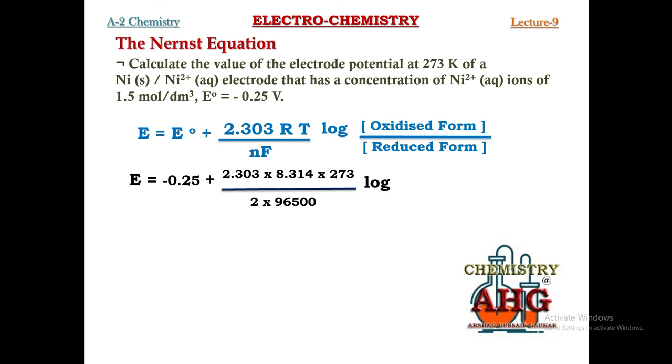Log of the oxidized form of nickel, Ni2+, its concentration is 1.5, and the concentration of the reduced form, a solid, would be 1. Calculate this and you will get the answer. The value of electrode potential for the nickel half cell would be negative 0.245 volt. I hope you would have enjoyed this lecture.